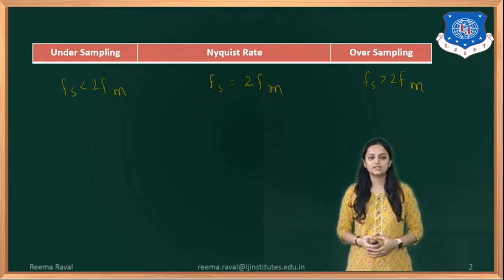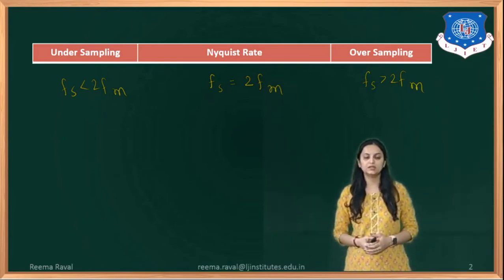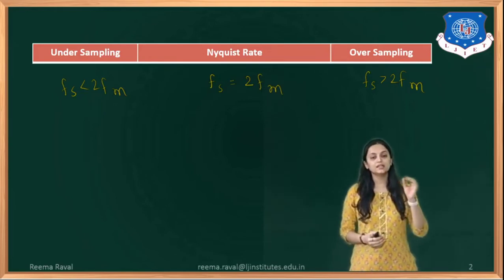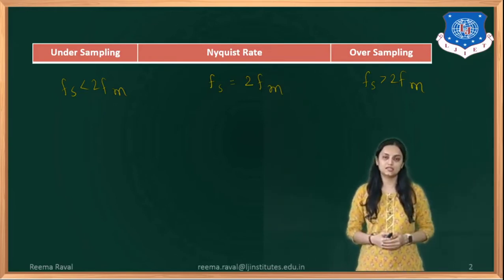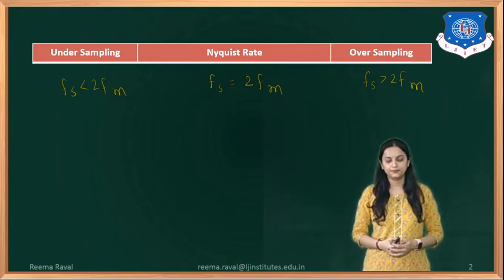So first of all, let us see what is Nyquist rate, what is oversampling, and what is undersampling. When the sampling frequency Fs is exactly equal to twice Fm, that is called the Nyquist rate. And when the sampling frequency is greater than twice Fm, that is called oversampling.